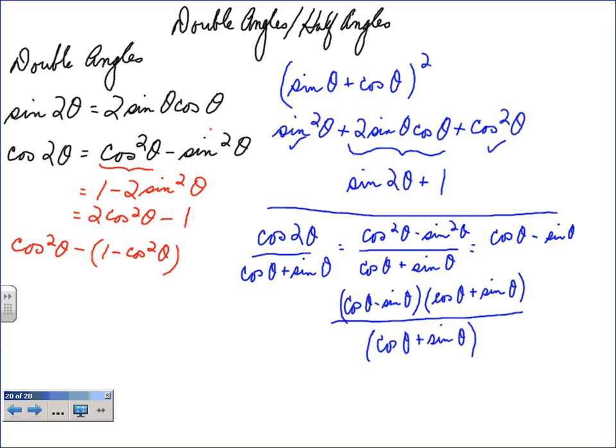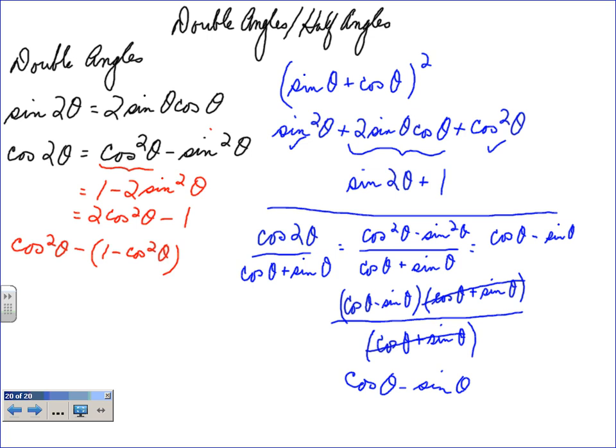Now I can reduce. Cosine plus sine reduce. I'm left with cosine theta minus sine theta. All right, so I've simplified that. You have a number of problems like that, so you have to be a little bit creative.